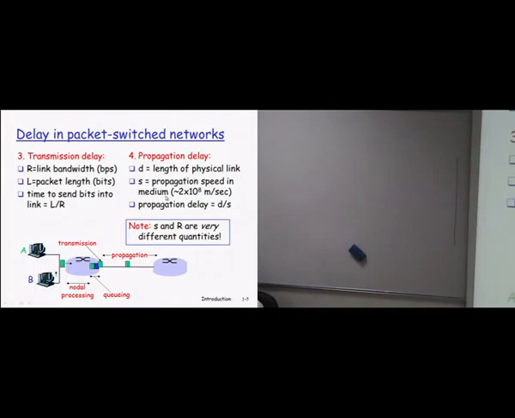Okay, distance divided by the speed. Length means distance. Okay, note s and R. This s, which is the propagation speed, and R are very different quantities. This is the link bandwidth and this is the propagation speed. So propagation speed and bandwidth are both different quantities, not the same. Speed means how fast it is traveling, and bandwidth is how much space it is getting on the pipe to travel.